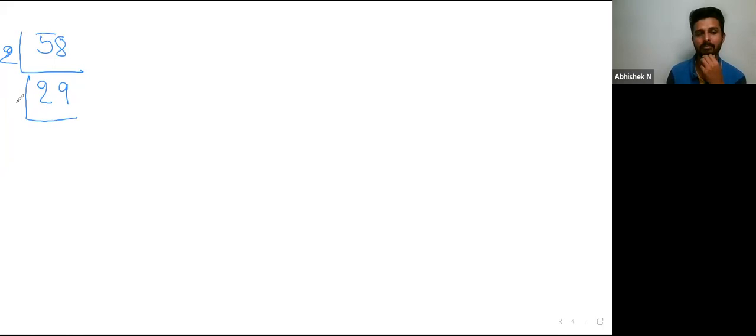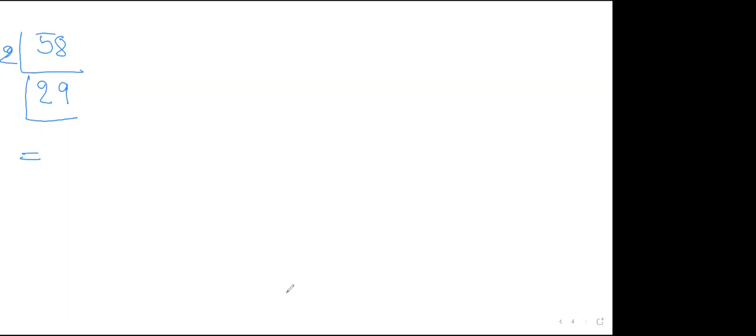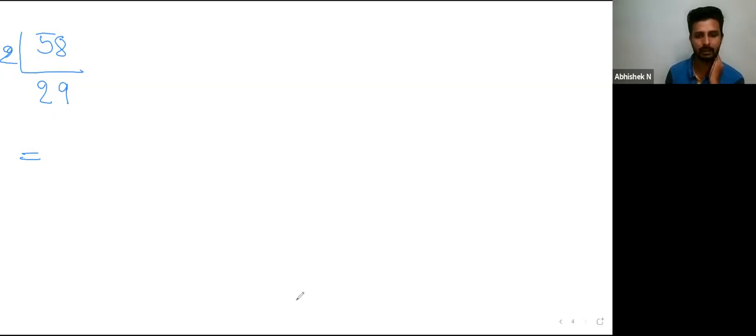Is 29 a prime? Yes, 29 is prime. So 58 can be written as 2 multiplied by 29.